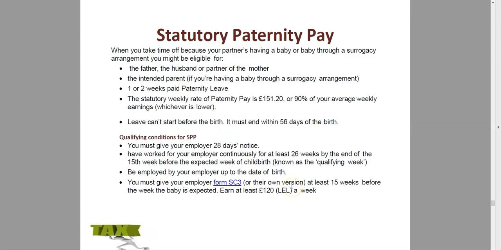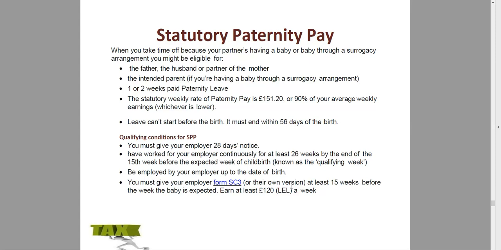The next one is statutory paternity pay. This one is for the father. The requirement here is the same: you have to earn at least £120 per week, and you have to tell your employer you want to go for paternity leave. Now, for all of these statutory payments, if you don't get it from the employer, you have an option. You can claim it from Jobcentre Plus or from the government.